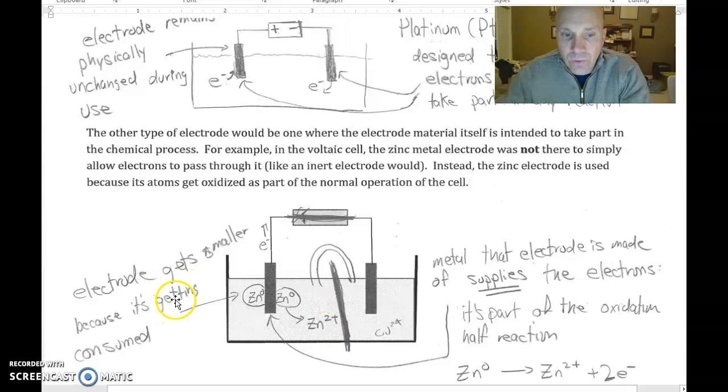So it's going to get smaller and smaller, and that can be contrasted against an inert electrode, where you would never have a change in the electrode because it doesn't take part. The electrons that end up going through the cell are supplied by something in the cell. Whereas the electrons that are supplied in this voltaic cell are actually supplied by an atom that's part of the electrode. So these would not be considered inert electrodes.